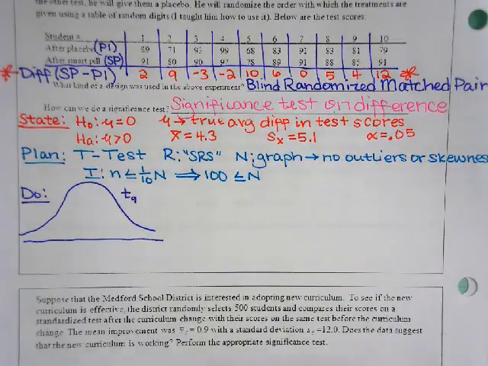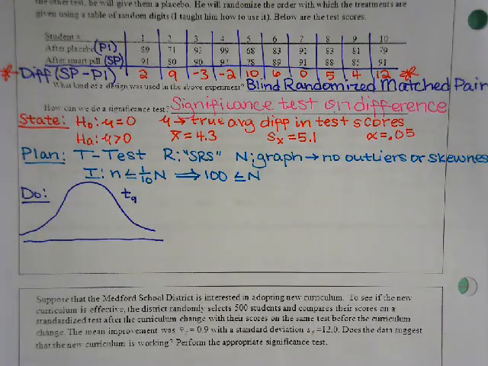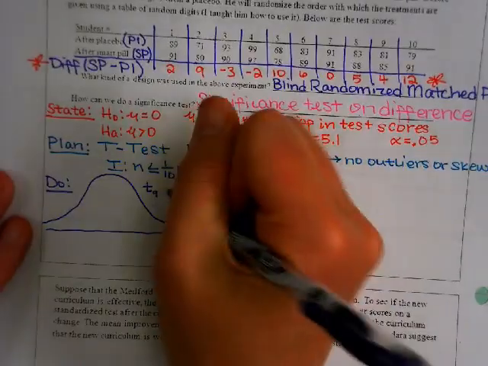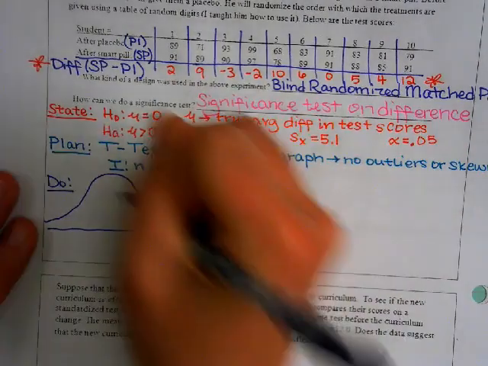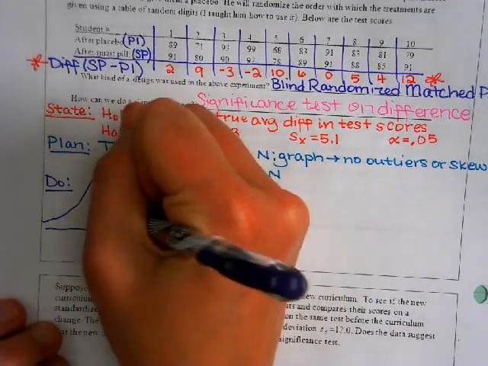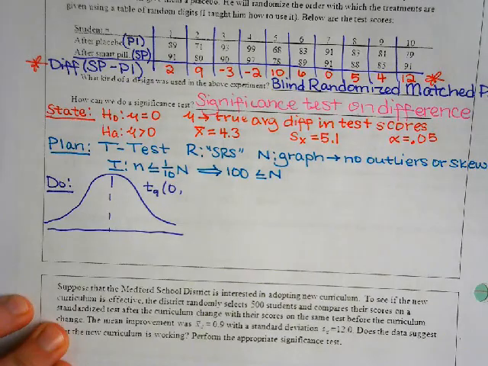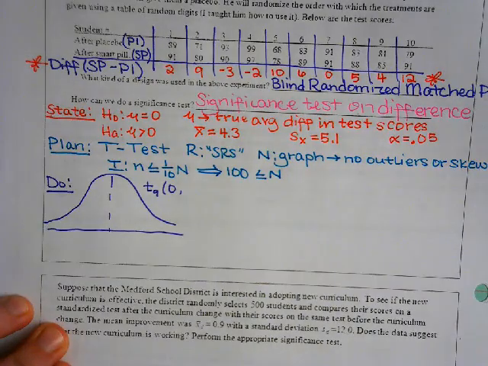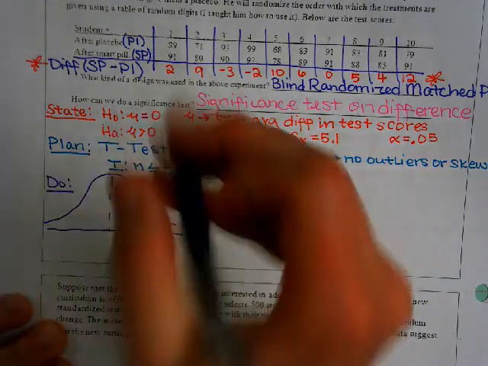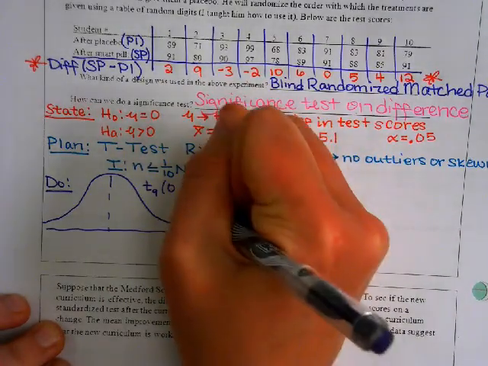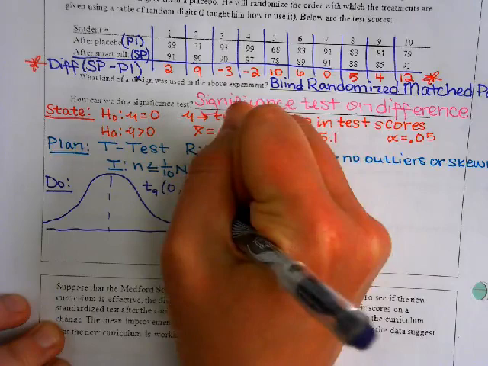All right, so what's going to be at the center of our curve? 0. And then standard deviation: 5.1 divided by the square root of 10. That's 1.61.